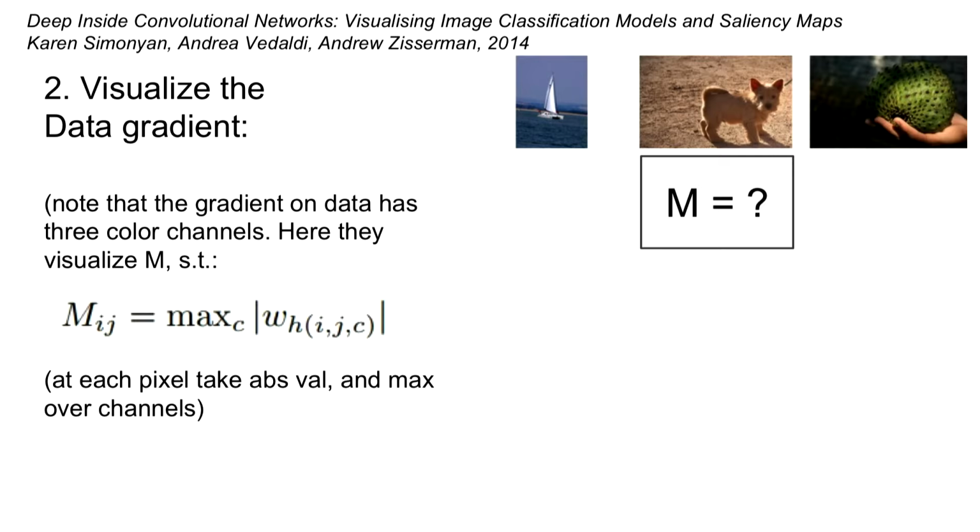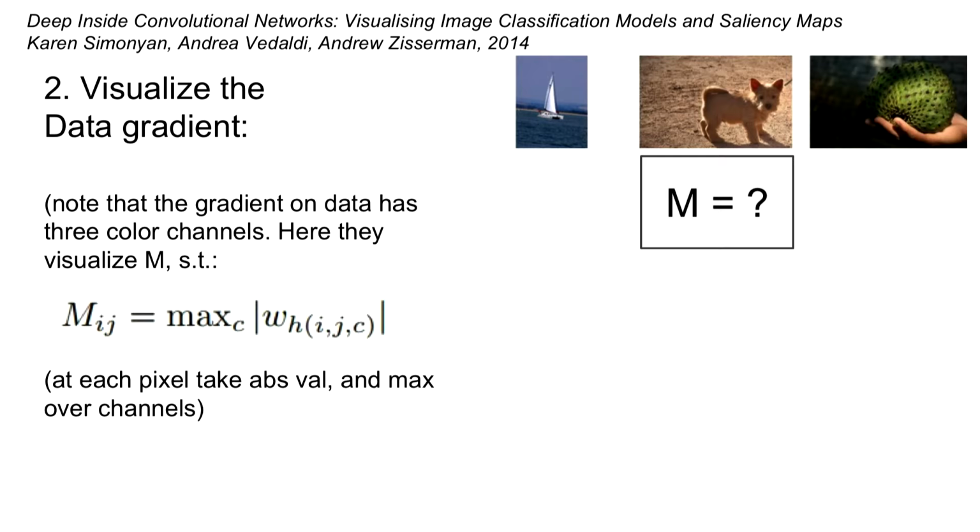There's one more thing I want to talk about first. The techniques we've talked about so far can be used to do a better job of segmenting out the actual object that's triggering the reaction. We can do that by visualizing the data gradient.